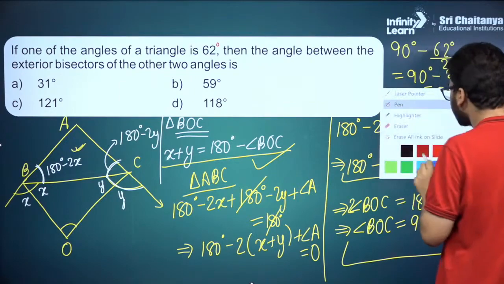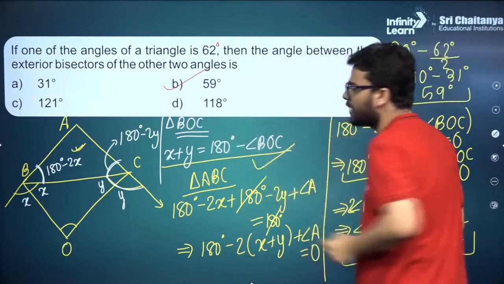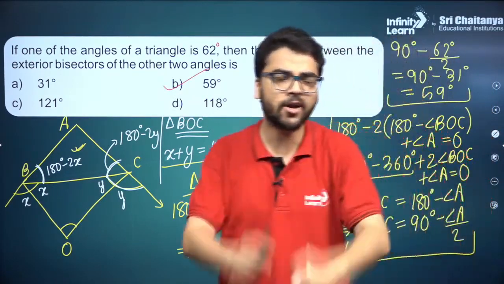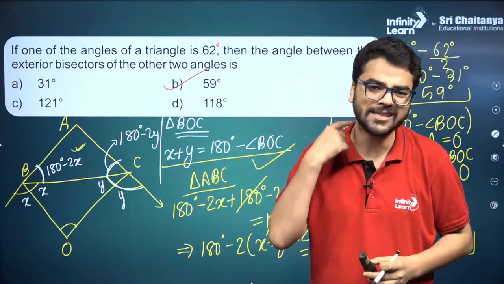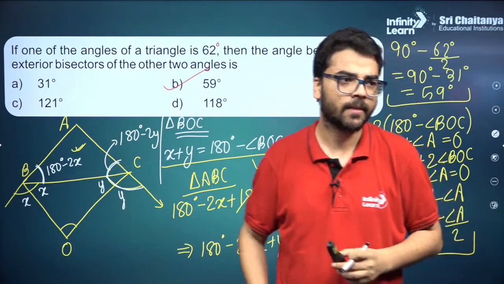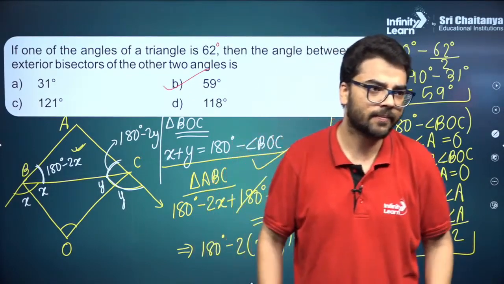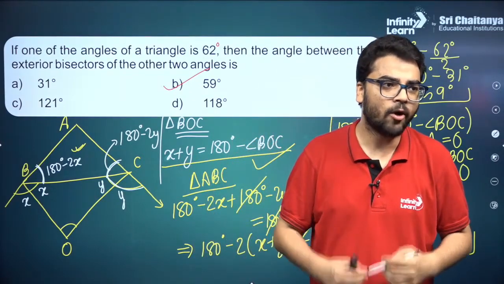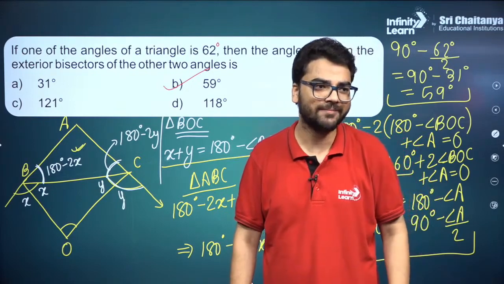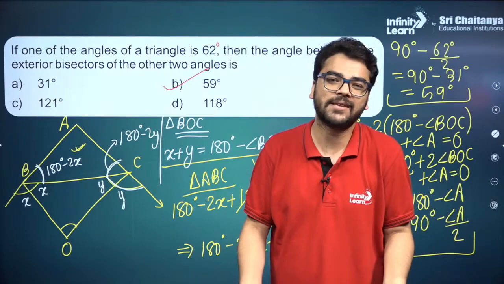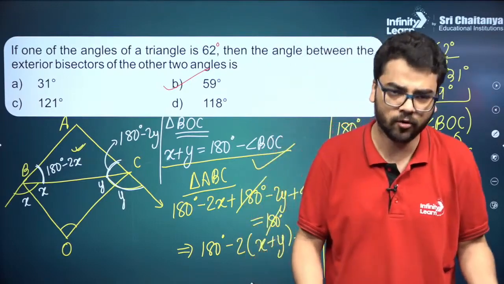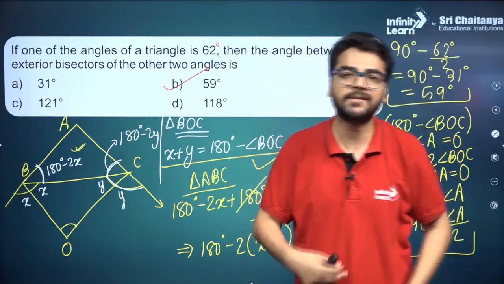Is it clear to every student in this session? Just confirm that, guys. Is the proof clear to everybody, and also the result? The result must be on your tips. I hope this is clear to every student in this session. These things can come in any competitive examination up till grade 10, whether it is BPSC or SSC.